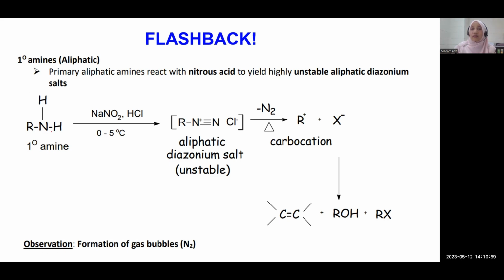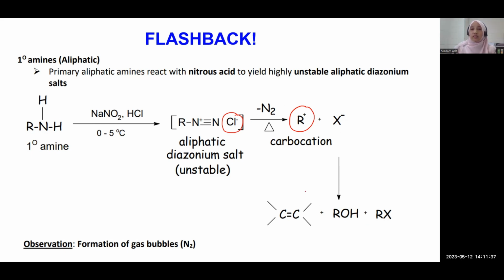Okay, so apa yang berlaku adalah the primary amine upon reaction with nitrous acid, dia akan form aliphatic diazonium salt yang unstable. So dia akan dissociate dan dia akan produce carbocation dekat sini. And the carbocation will react with halide ion in the reaction, and then dia akan react juga dengan hydroxide ion come from the aqueous solution untuk produce alcohol, dan juga the carbocation will rearrange to produce an alkene, dan juga dia akan combine dengan halide tu untuk produce haloalkane.